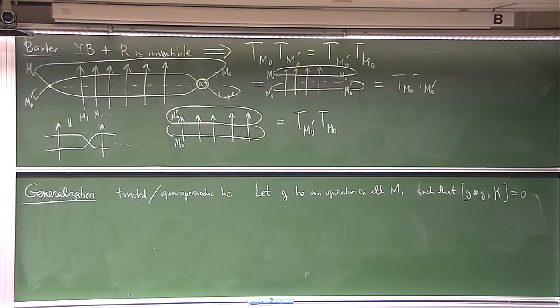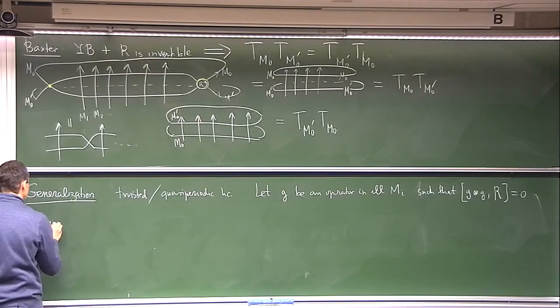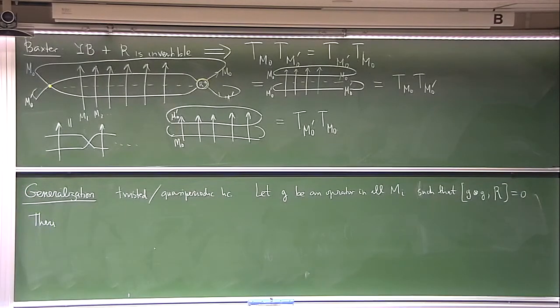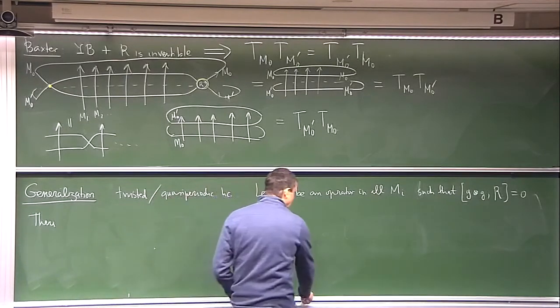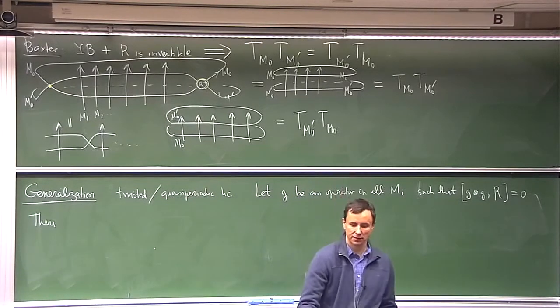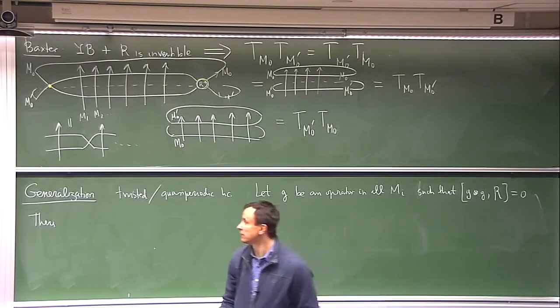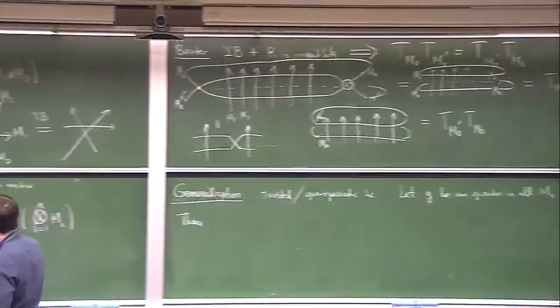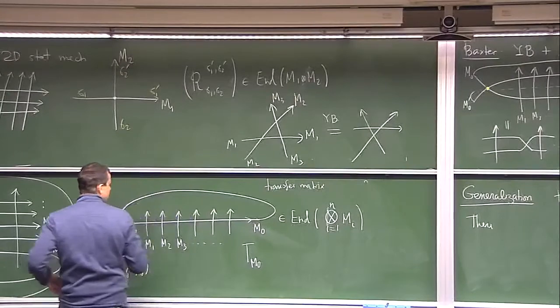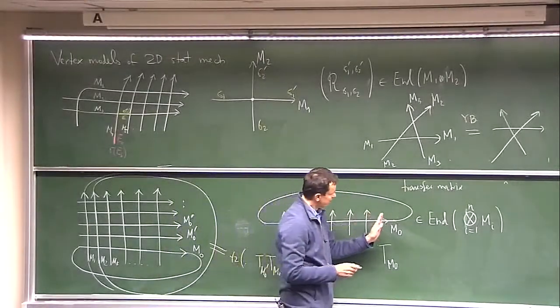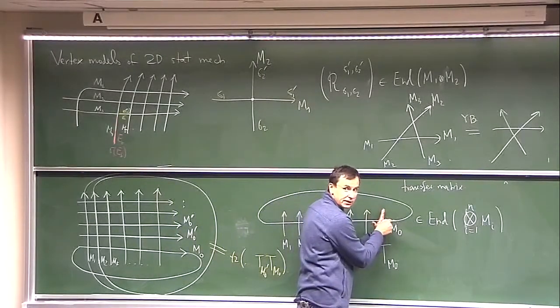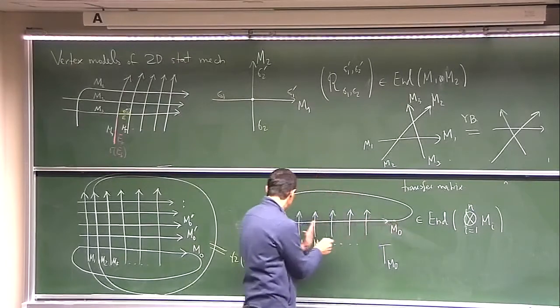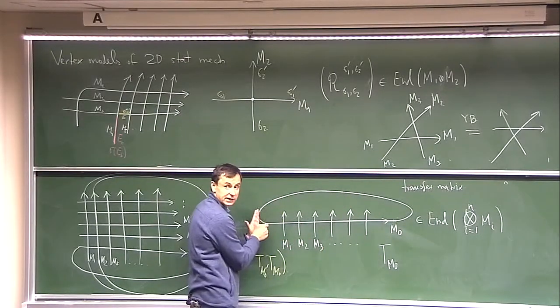Then what you can do is define a twist everywhere by identifying what happens here. When we take the periodic boundary condition, it really means we take the degrees of freedom on this outgoing edge and identify them with the ones on the incoming edge.